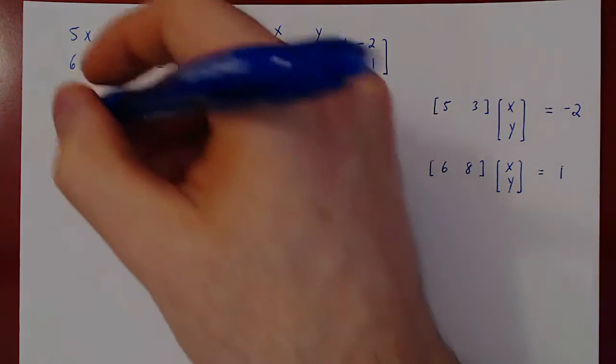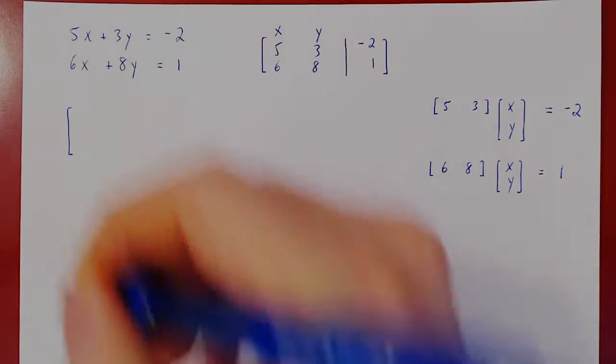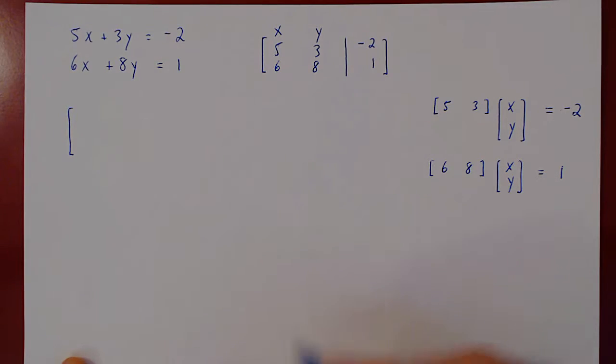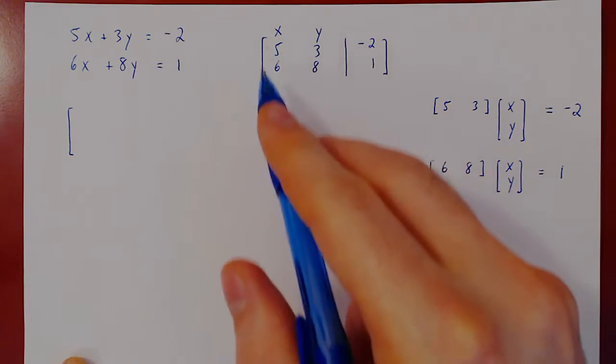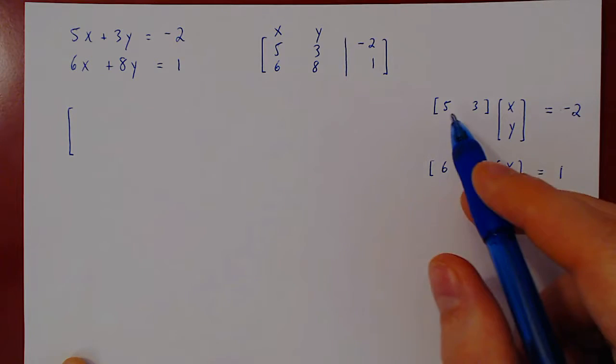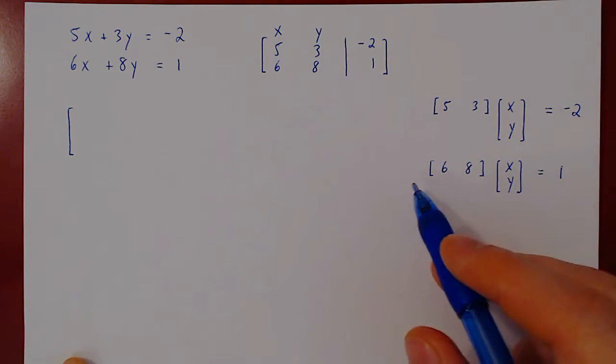Think of it. We can form the matrix that we'll call A of coefficients in the same way as we did for the augmented matrix. The first row is 5, 3, the second row is 6, 8.